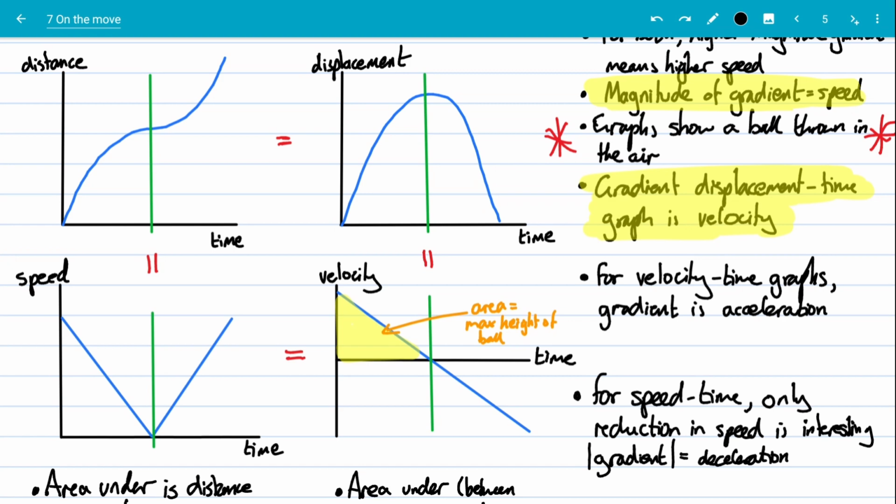And then you could use a GCSE equation like E equals mgh. You've got a difference in height from before the bounce to after the bounce, so you can calculate the loss of energy in the bounce. And there's all sorts of things like that that you can do, putting together the pieces from GCSE level and A level. But actually, that really is all I need to talk about for distance time graphs, displacement time graphs, speed time graphs, and velocity time graphs.